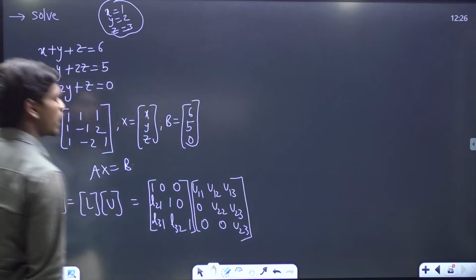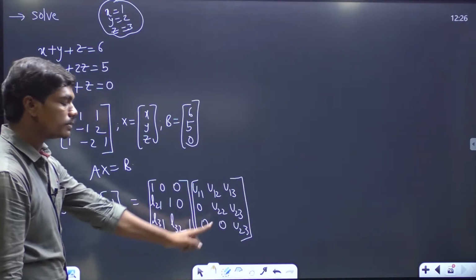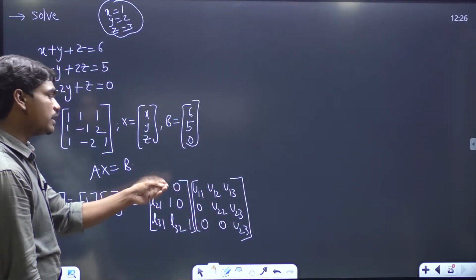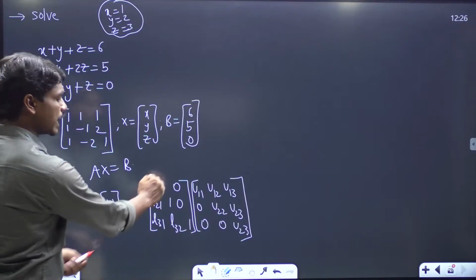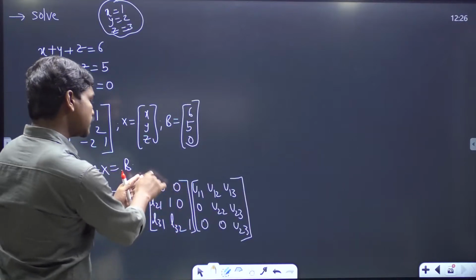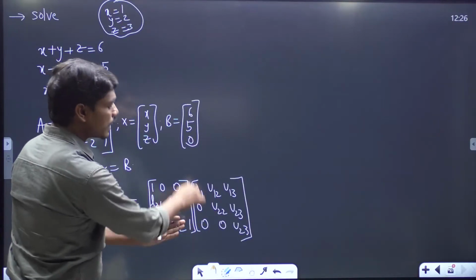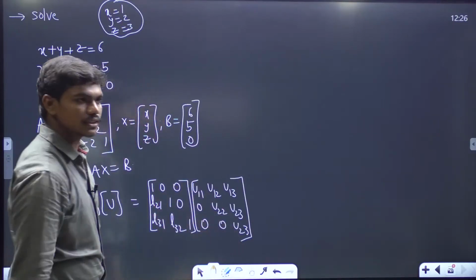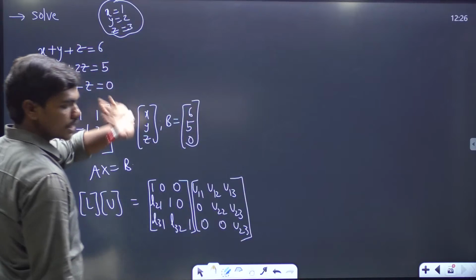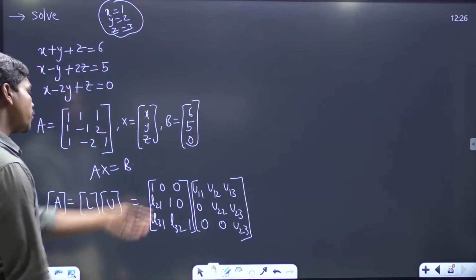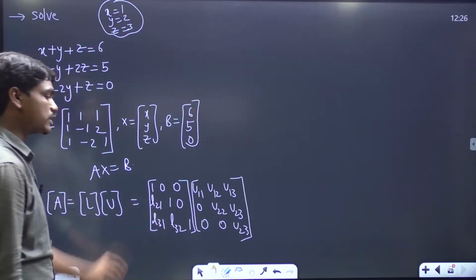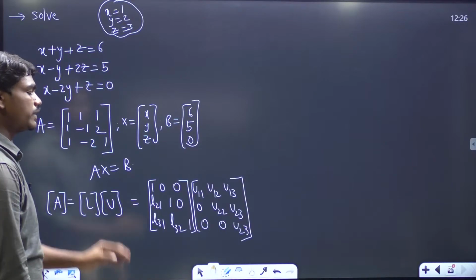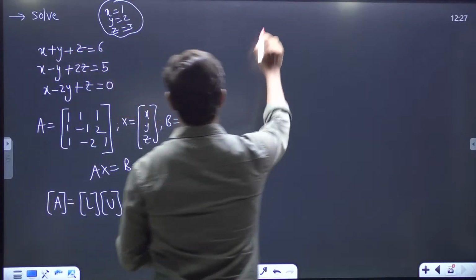Out of these two matrices you have provision for putting the principal diagonal elements as 1 in either of the matrices, but in Doolittle algorithm we put this as 1. Even if you take this as L11, L22, L33 and replace these values with 1, your answer doesn't change, meaning the final solution of the system doesn't change. But in Doolittle's algorithm we replace the principal diagonal elements of the lower triangular matrix with 1 to simplify the calculations. That's it.